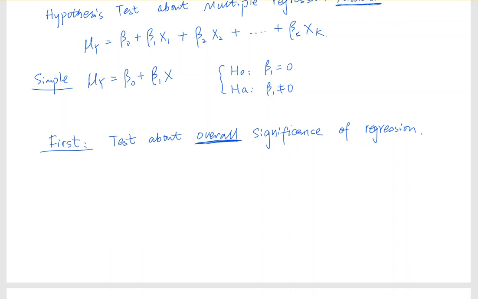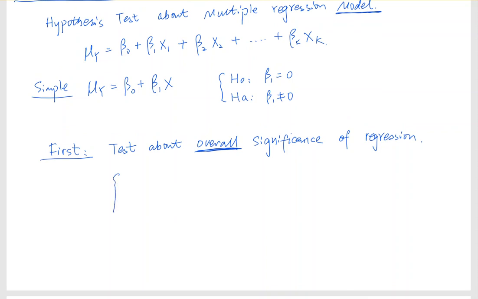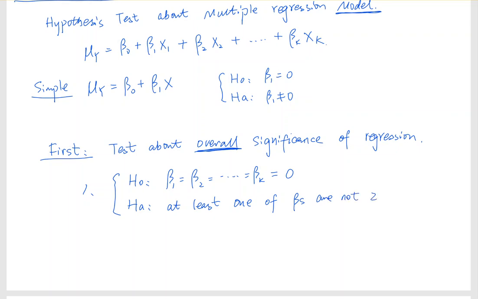So it will be the same idea. We want to test whether beta 1 equals beta 2 equals beta 3 until beta k, all of these betas are 0, or at least one of the betas is not 0.